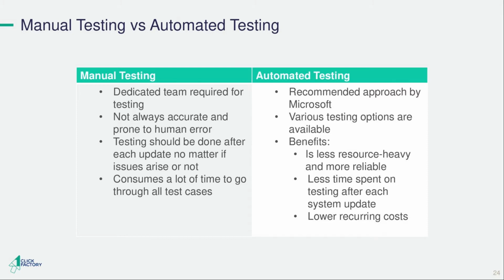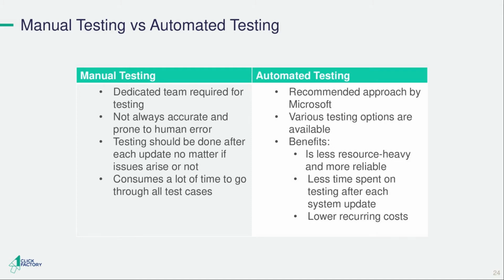Manual testing, we are all human beings, so it might not always be accurate, and it's prone to human error, because your testing team might miss one test case or another, and might not notice something that went wrong with the data. If some number ended up not as expected, it's quite difficult to spot all of these numbers.